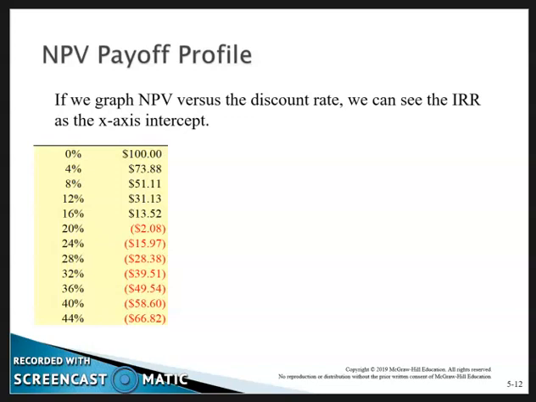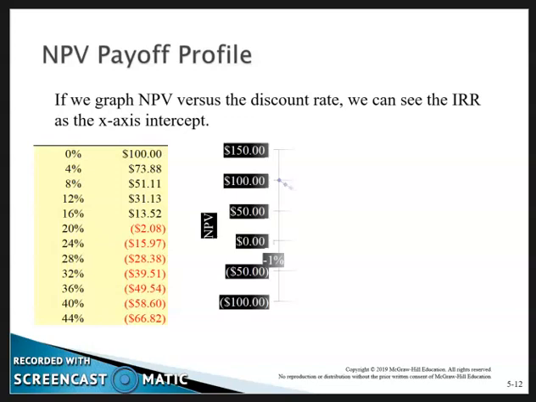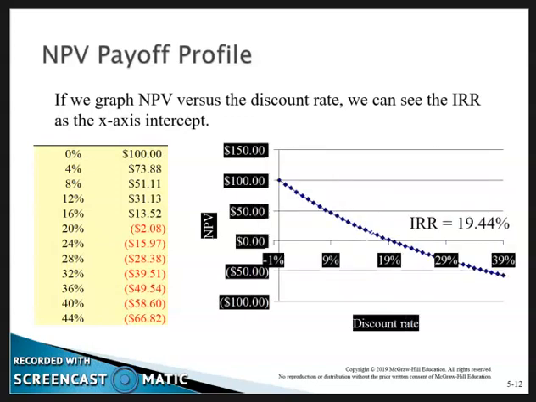We can do an NPV graph, comparing NPV with the discount rate. We can also see the IRR as an intercept here. We basically graphed this chart over here. At a discount rate of 0%, the NPV is 100.